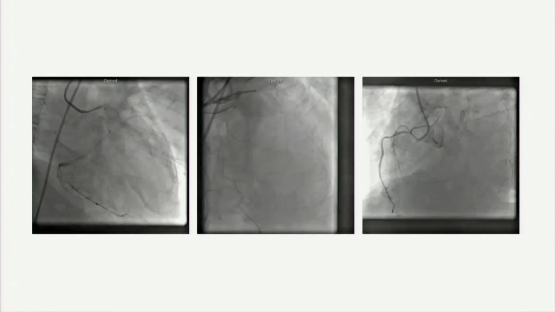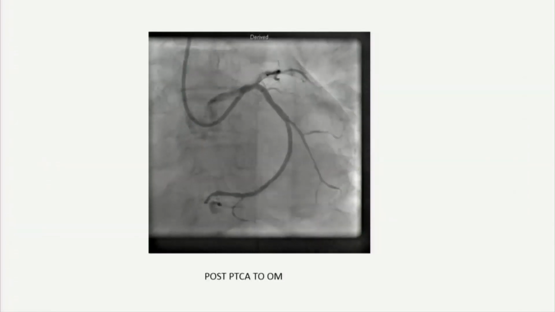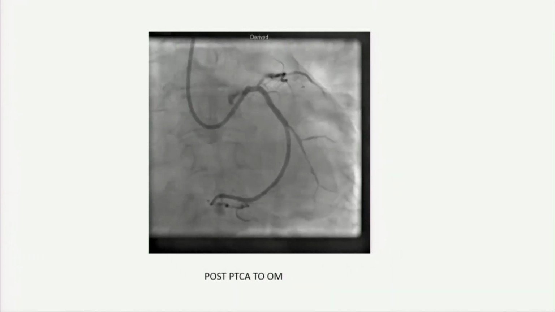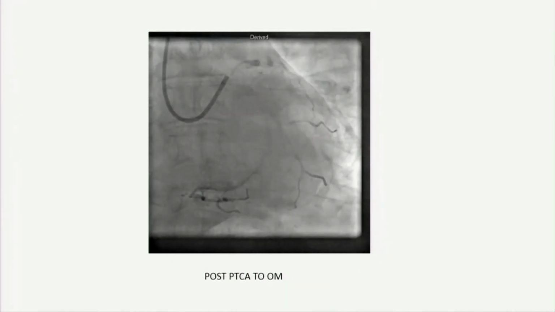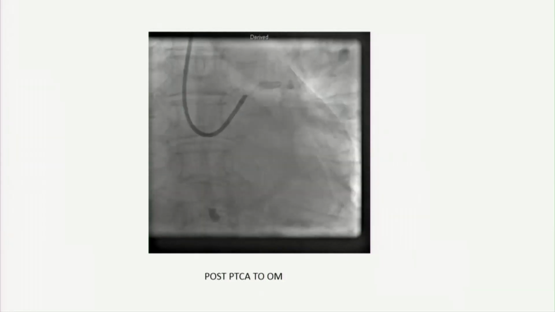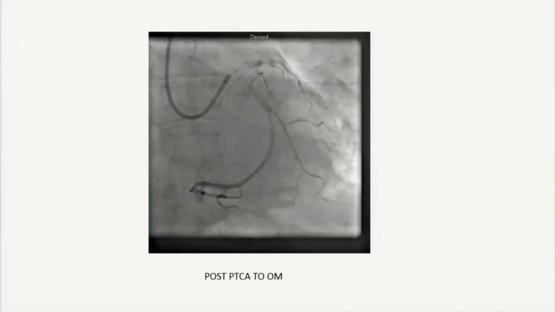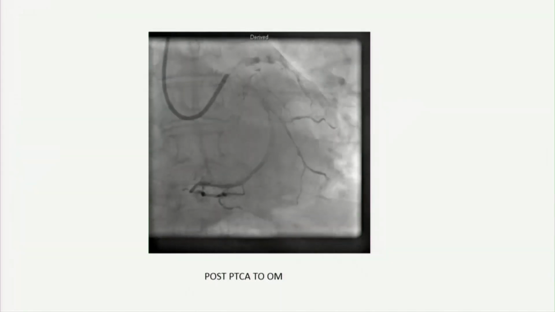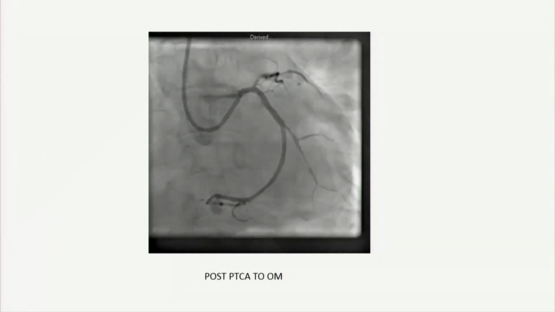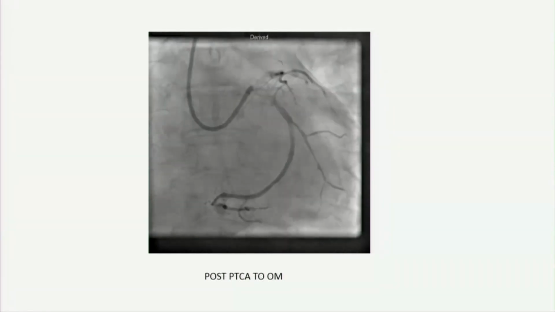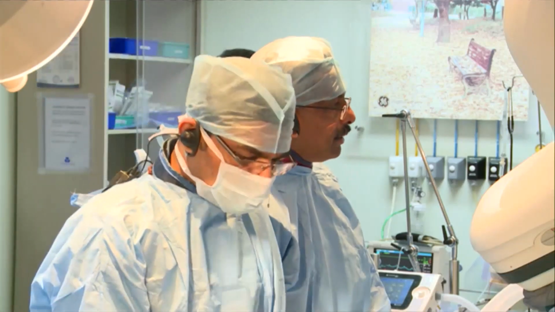At that point of time, my colleague planned to do just an angioplasty to the OM with a 2.5 balloon. You can see that post balloon, there was some slow TIMI flow, but the vessel had opened up reasonably, and he didn't want to stent it because it was long diffuse disease, so he left it on medical management, and the patient was shifted back to the CCU on an intra-aortic balloon pump and on an IV.